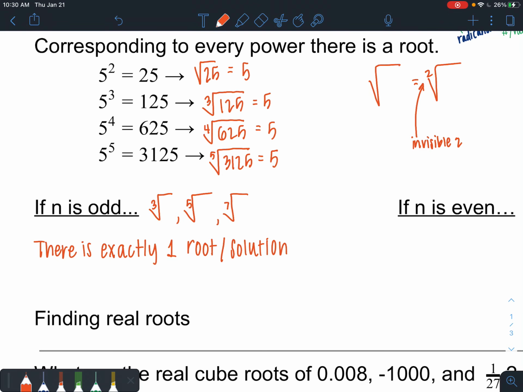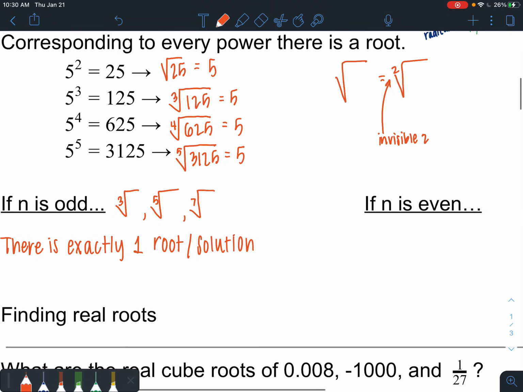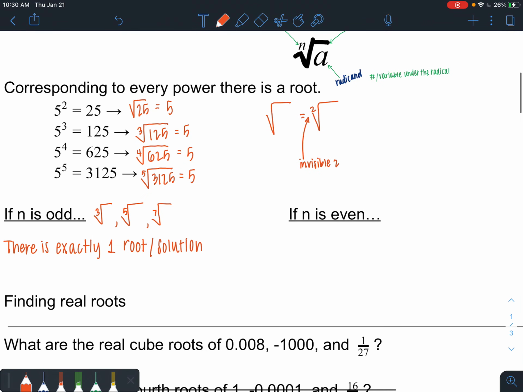Remember that root and solution are synonyms. If n is even, so that's your square root, your fourth root, your sixth root, and so on, then there are exactly 2 roots.